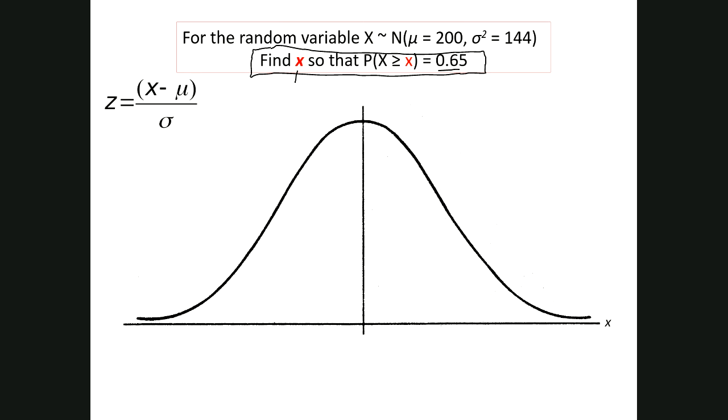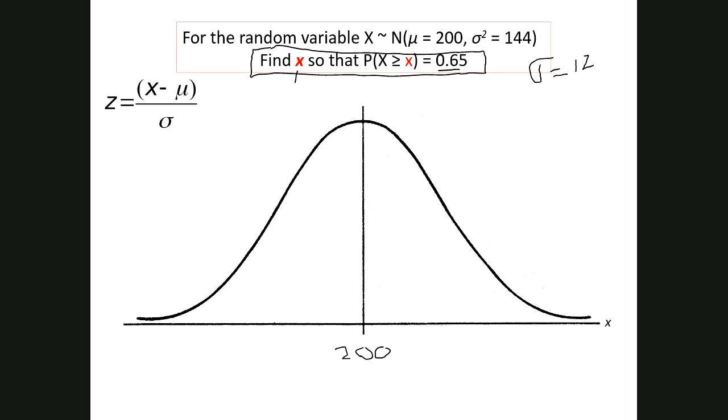And what we know right off the bat is that we have a mean of 200 and a variance of 144, which means, of course, that the standard deviation is the square root of that, which is 12.